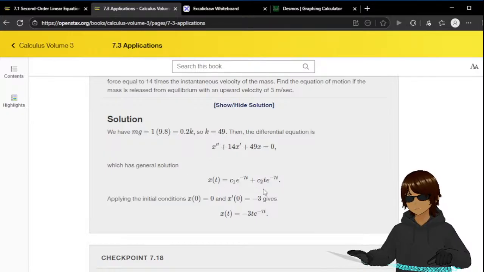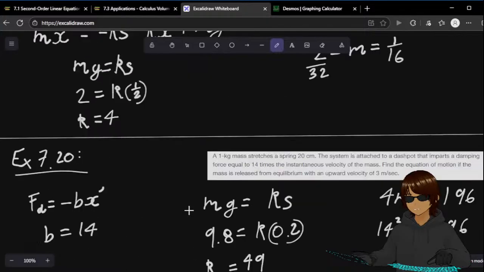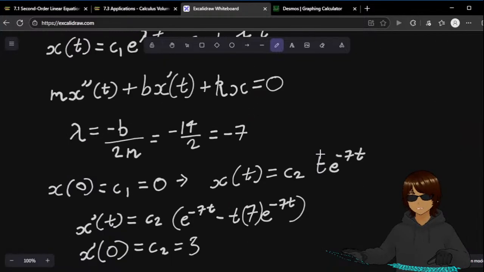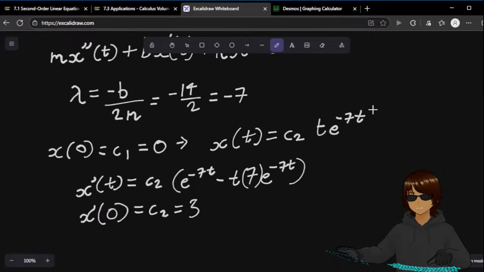Just the general solution. Initial condition x(0) is equal to 0, so c1 is 0 and then the derivative of x. Since c1 is 0, I can write this. It's not clear to me why it's minus 3. Upward velocity, okay, then that makes sense. Minus 3 meters per second.